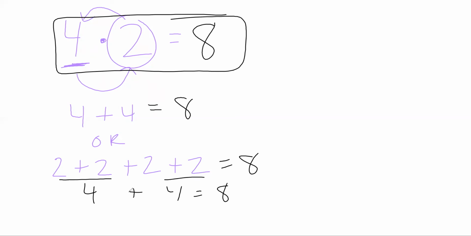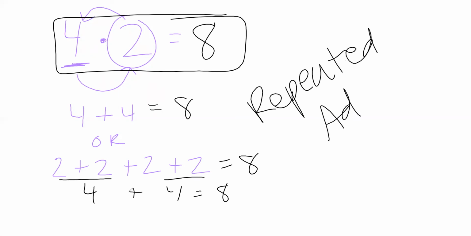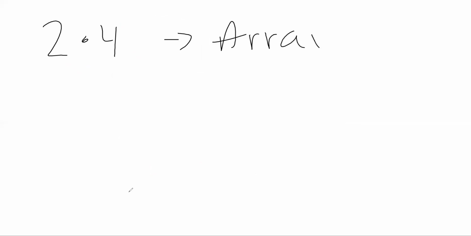And we did so using this concept here of repeated addition. Okay, let's check the next one. We now could do 2 times 4, and let's do that as an array. So that would mean I'd have 2 rows, 1, 2, and 4 in each one.